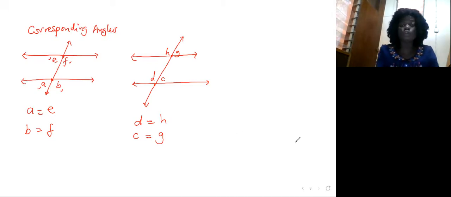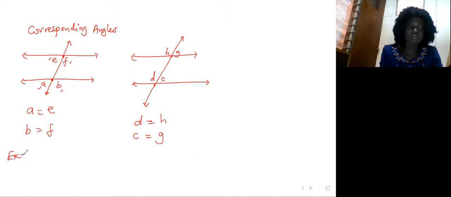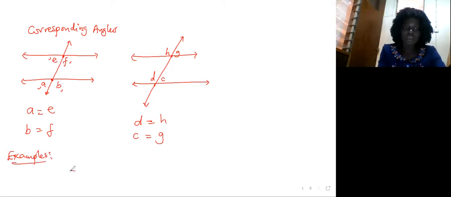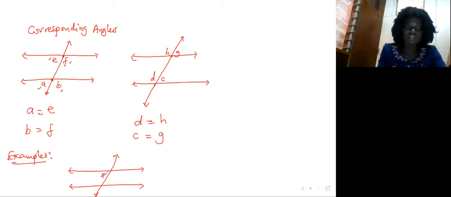Okay, now let's quickly move to an example over here. I have my parallel lines with a transversal crossing. Then we have, let's say, 40 degrees. Then we have this side to be 30 degrees.